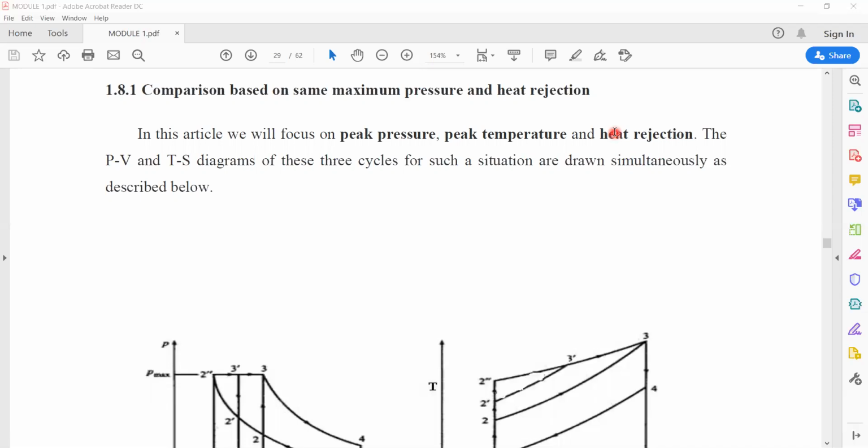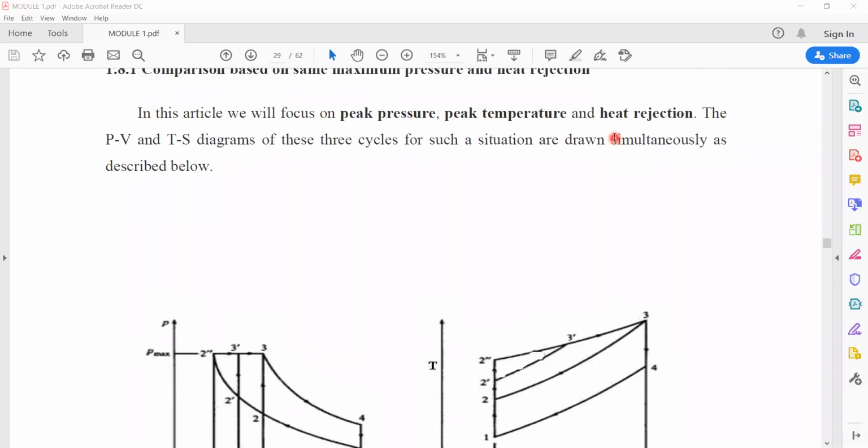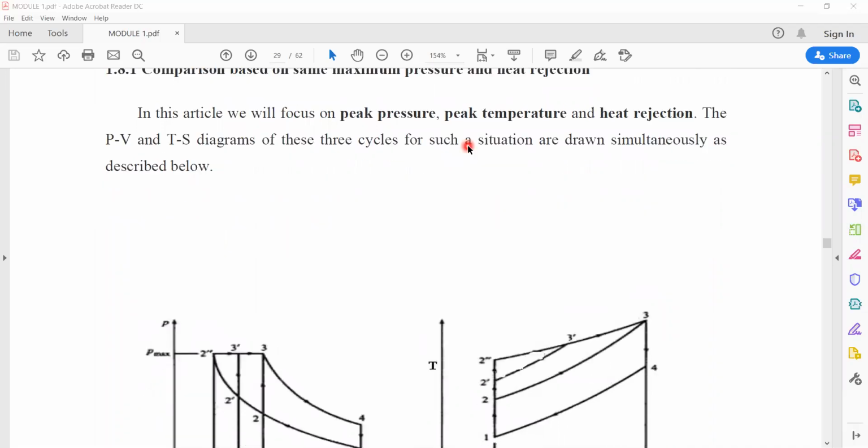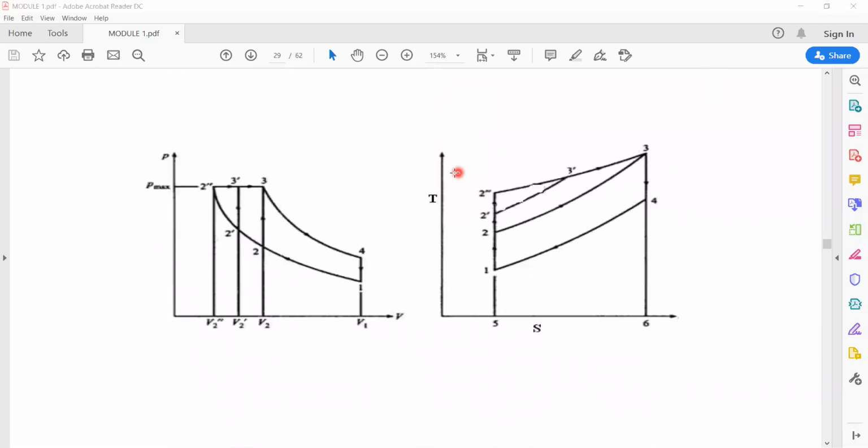So you have to remember the PV and TS diagram for these two conditions. Is that clear? Now let us discuss for the first condition how to draw the diagram on PV and TS coordinates. Already you know how to draw the diagram on the PV coordinates: on the y-axis the pressure P, and on the x-axis the volume V.